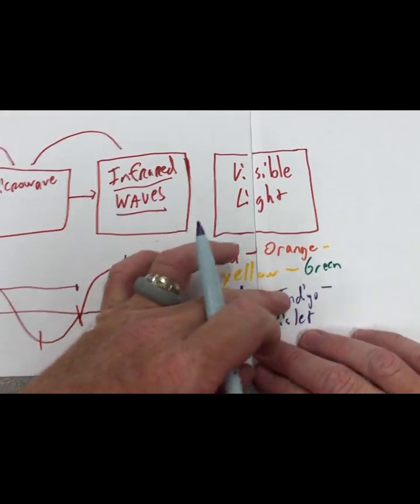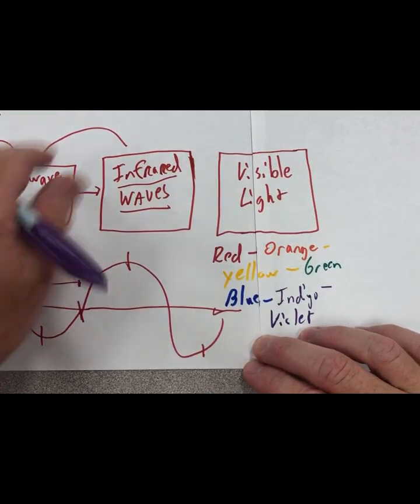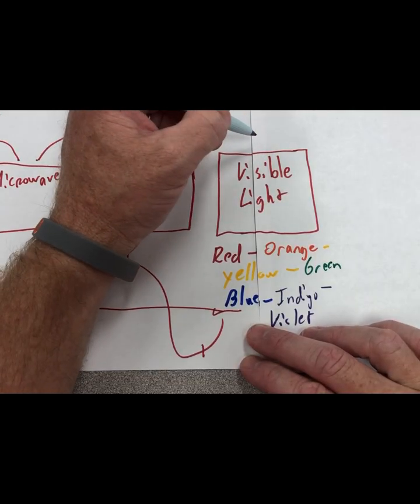That same order of the visible light goes right here, and it increases in strength and then shortens in wavelength.